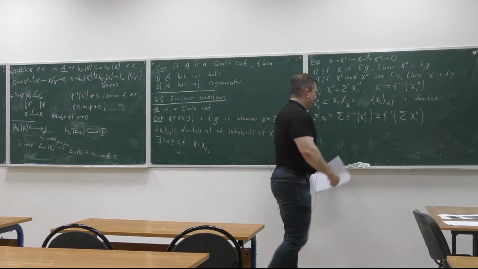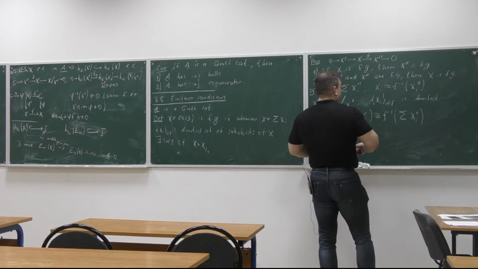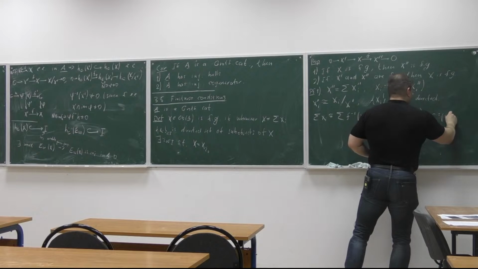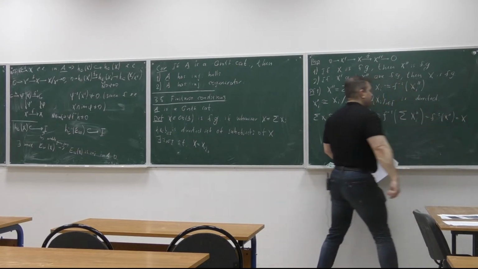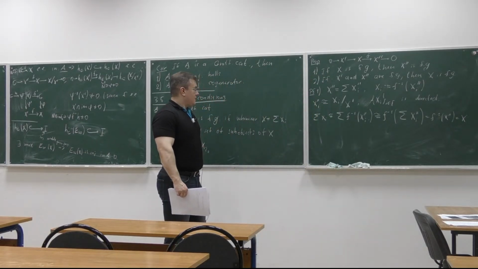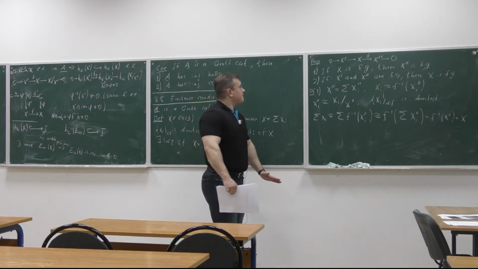Okay. So, this last sum is just the same thing as x double prime. And this f inverse of the x double prime is just x. Okay.